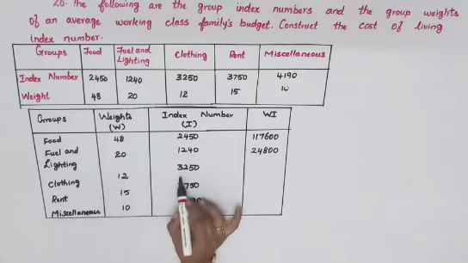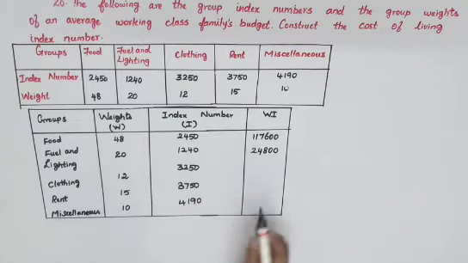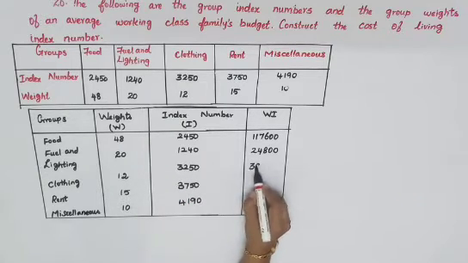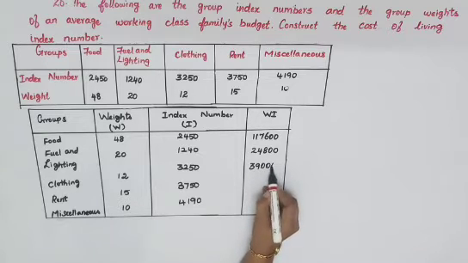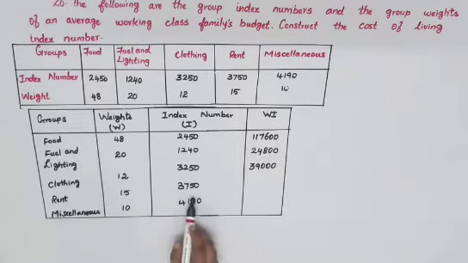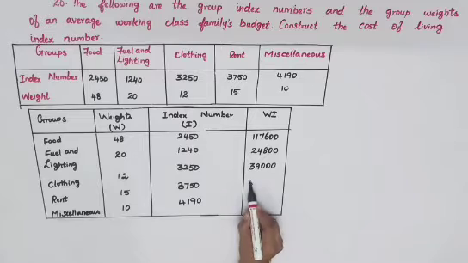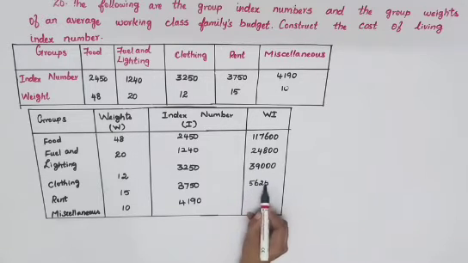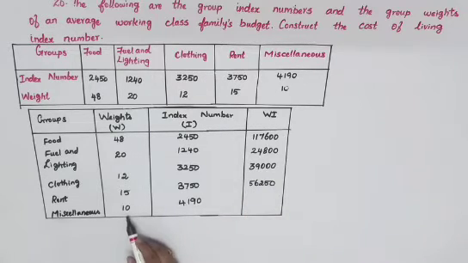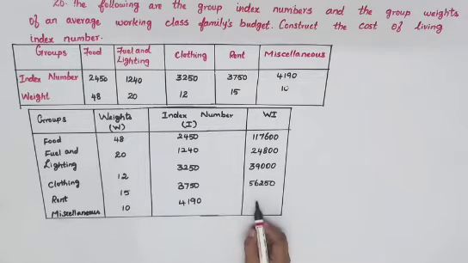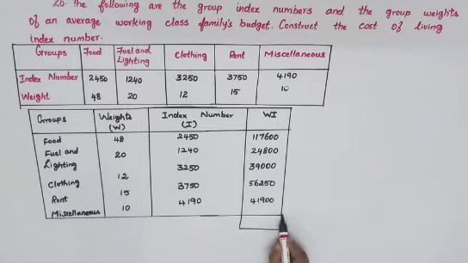Then 12 into 3250, you will get 39000. 15 into 3750, you will get 56250. The last is 10 into 4190, you will get 41900.